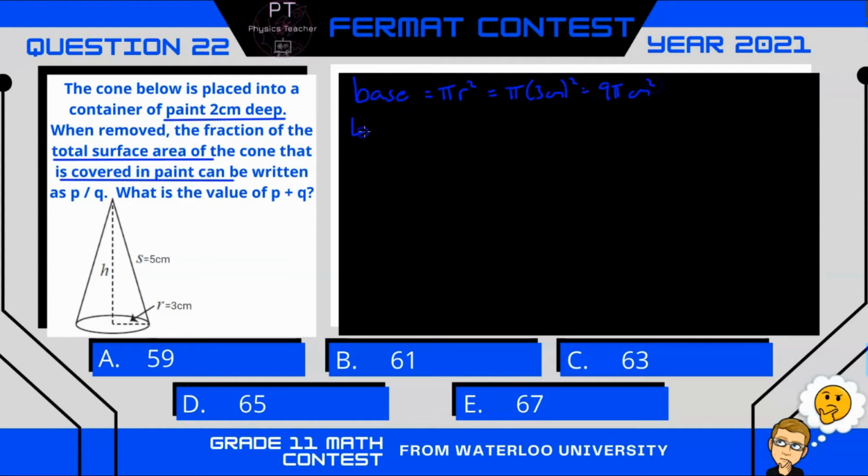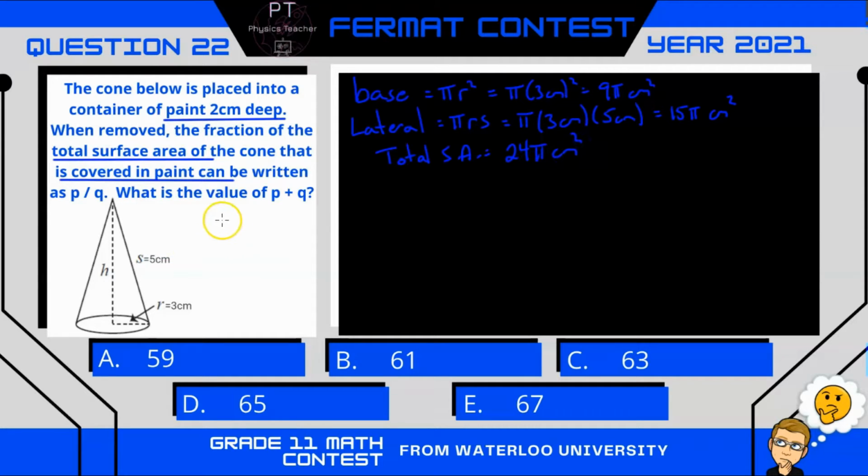Now the lateral surface area is calculated with pi r s, where r is 3 centimeters and s is 5 centimeters. So that gives us 15 pi square centimeters. So our total surface area is then equal to the base, which is 9 pi, plus the lateral, which is 15 pi. So that gives us 24 pi square centimeters.